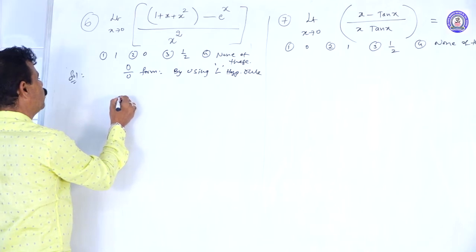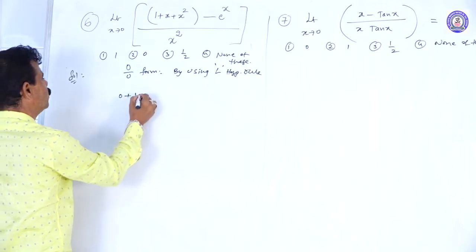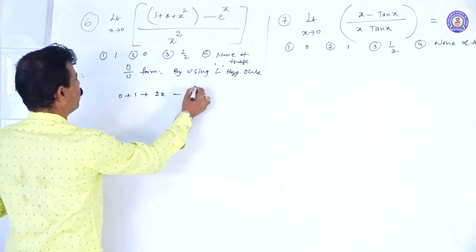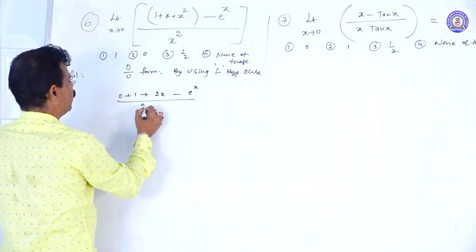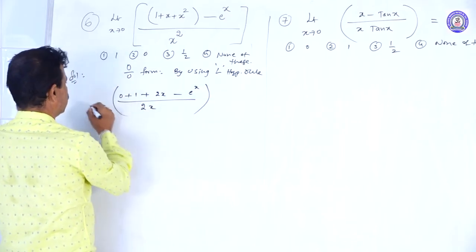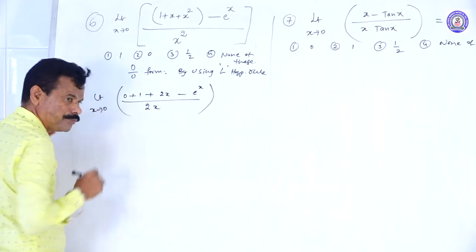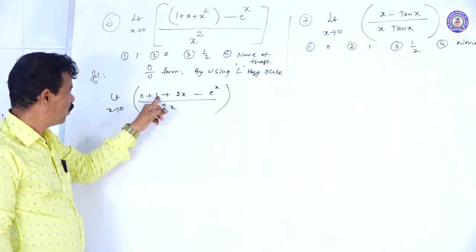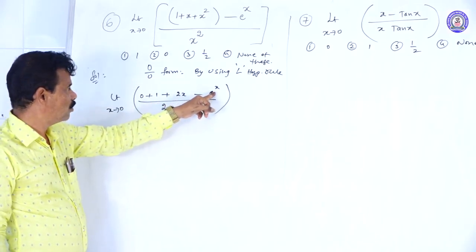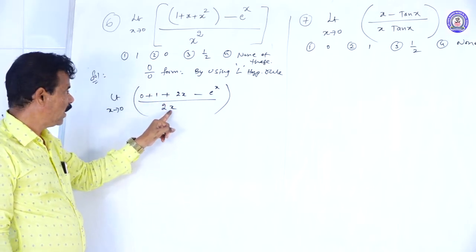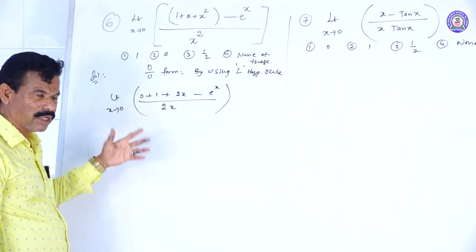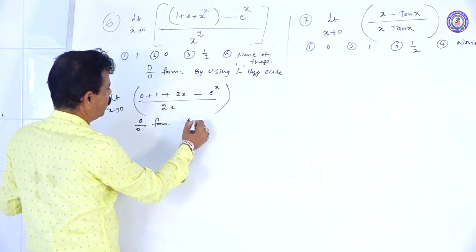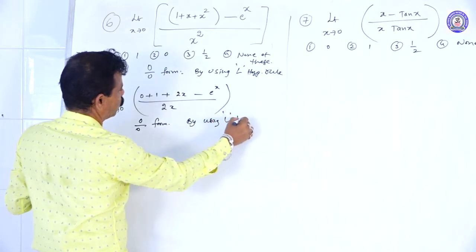Derivative of 1 is 0, plus derivative of x is 1, x square is 2x, minus e power of x is e power of x, and the derivative of x square is 2x, where limit x tends to 0. After this again put 0. Here 1, this is 0, this is 1. 1 minus 1, 0. Again 0 by 0 form, again differentiate by using L'Hospital rule.